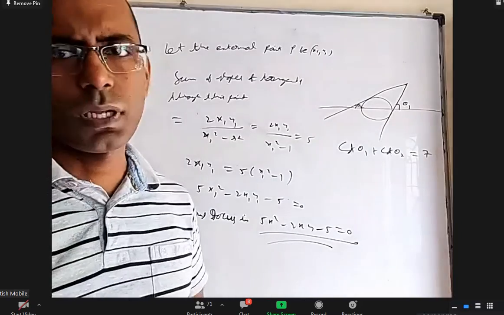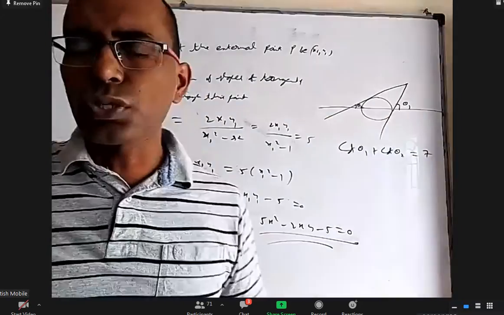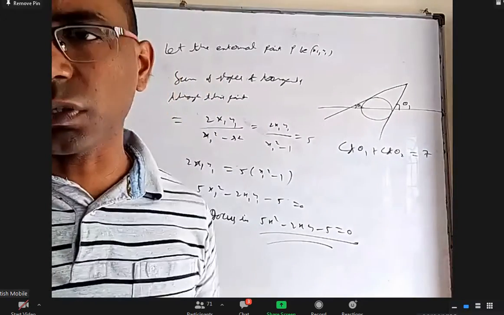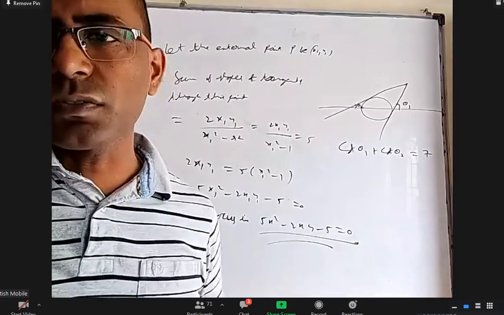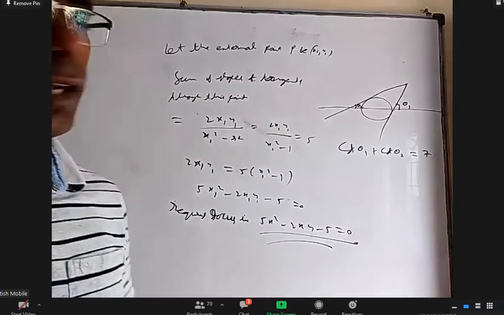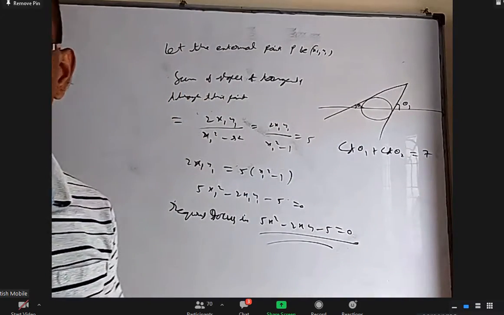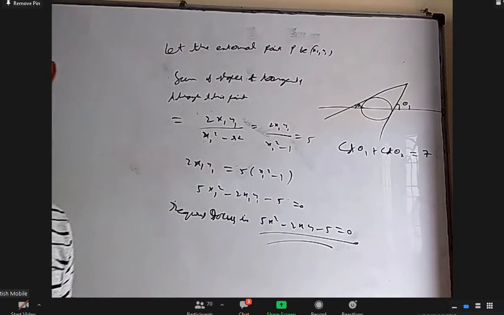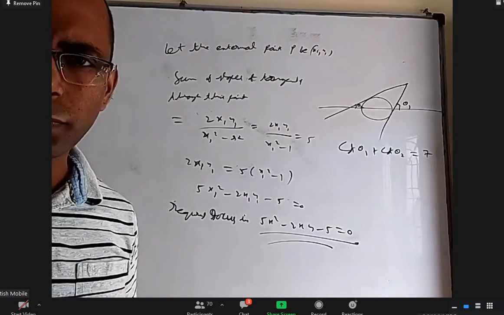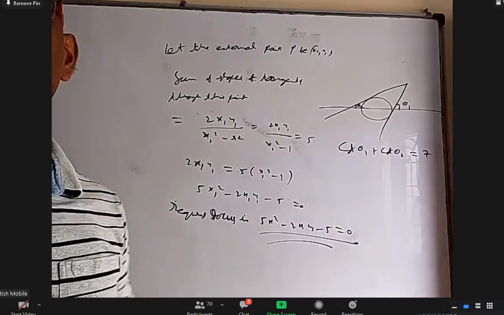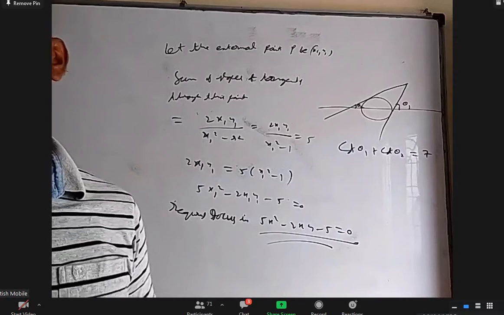See, in the previous two questions, in one question I gave product of the slopes is constant. Another question I gave sum of the slopes is constant. Can anybody tell me related to the slopes what I gave is constant here? Yes, sum of the reciprocals of the slopes is constant, that I gave indirectly.